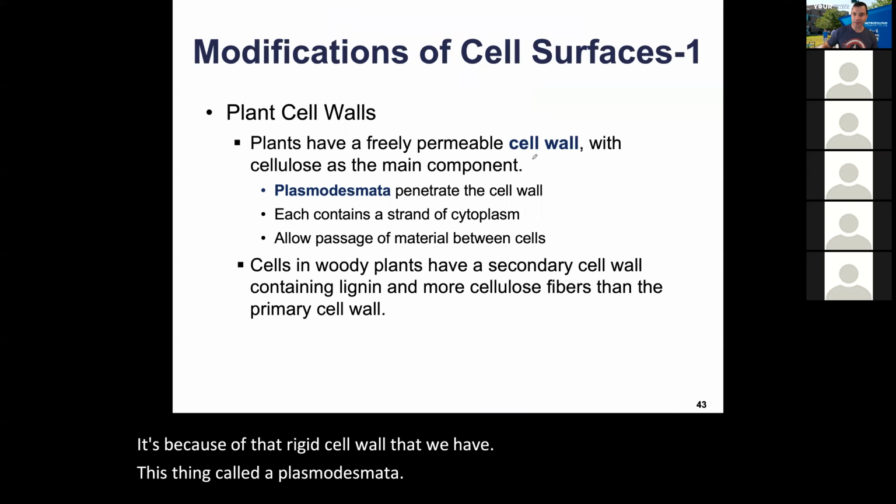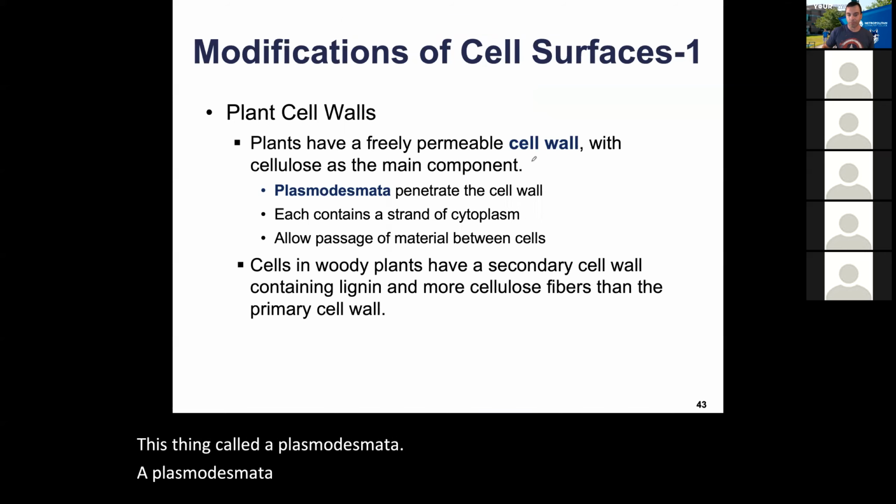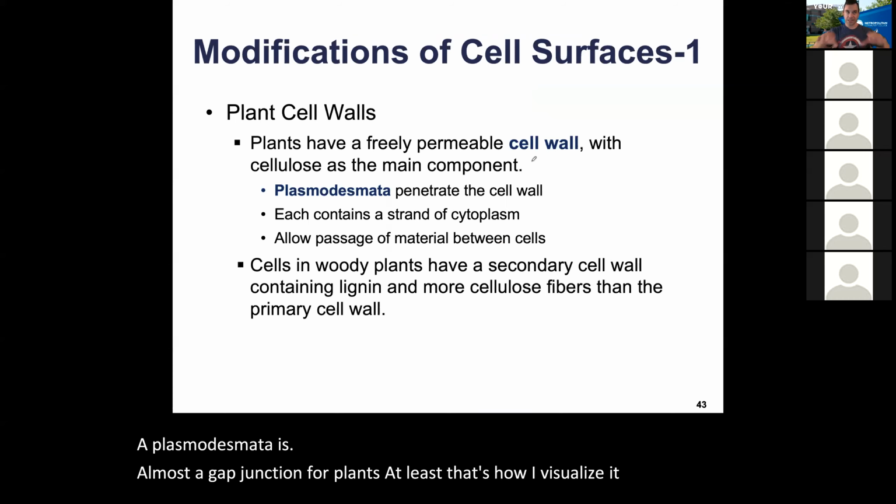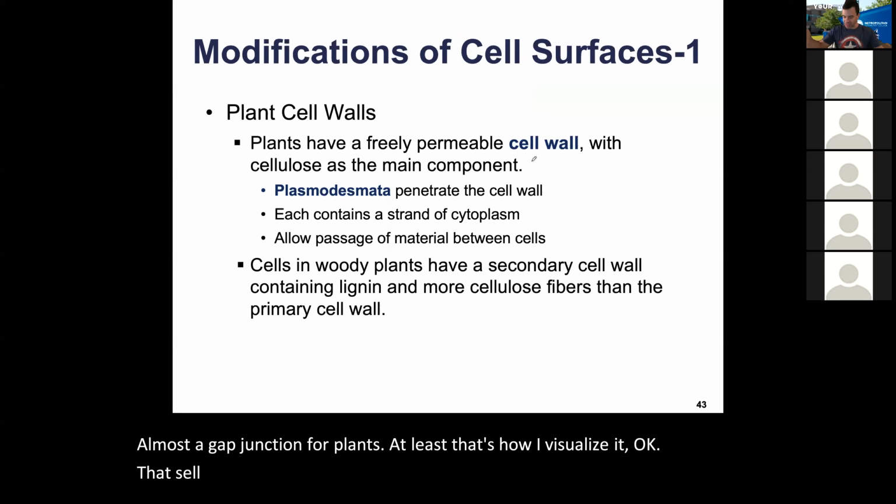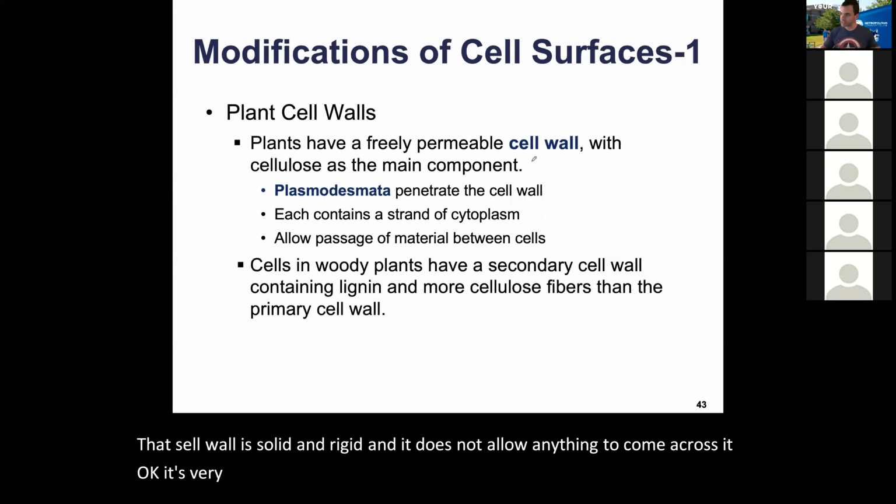A plasmodesmata is almost like a gap junction for plants. At least that's how I visualize it. That cell wall is solid and rigid, and it does not allow anything to come across it. It's very rigid. It does not allow stuff to come across.